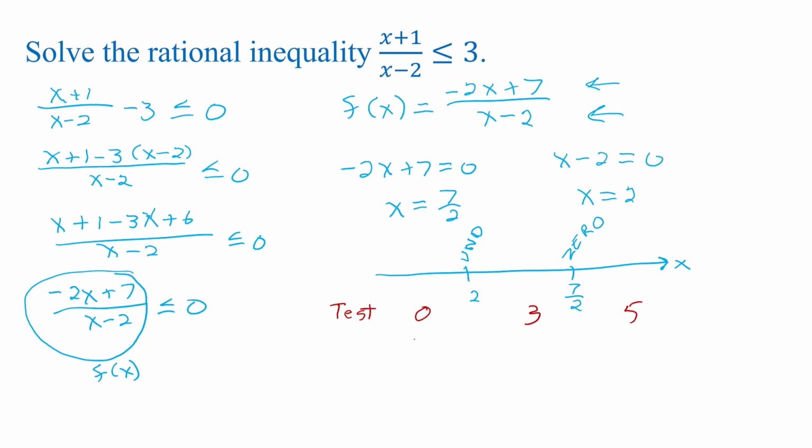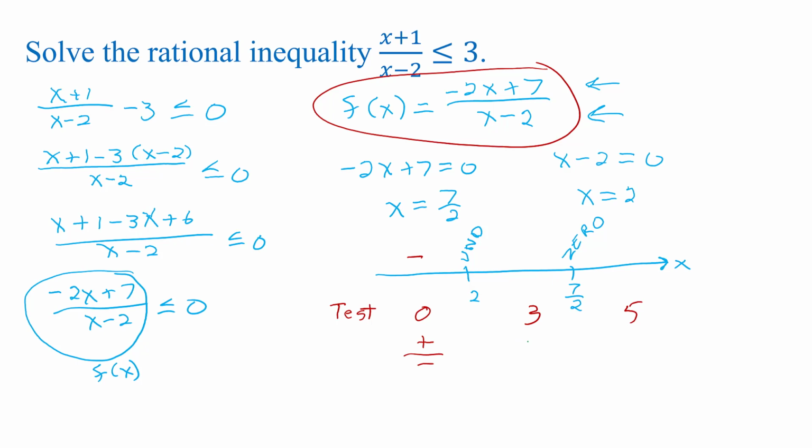So plugging 0 into my function f of x, negative 2 times 0 plus 7 would be positive, over 0 minus 2 is negative. So I end up with negative y values to the left of x equals 2. Between 2 and 7 halves, we plug in 3.